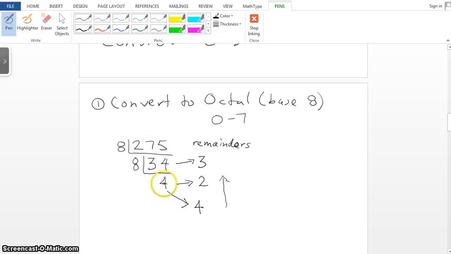Since we divided going down, you read your answer off going up. So the answer is 4, 2, 3. This is base 8, or you can put octal down there if you want to. So we converted 275, which was in the decimal system, to octal base 8, which is 423 base 8. Don't forget those bases on your answers. If it's something other than base 10, you have to put the base in your answer.